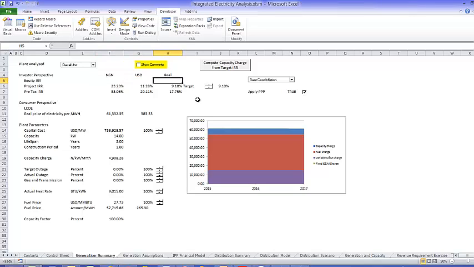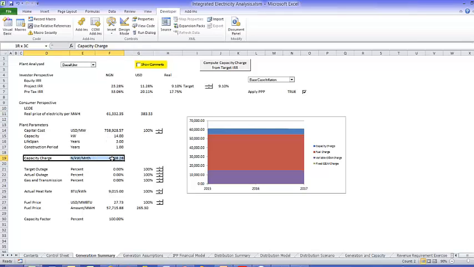Now, the one item we haven't computed in this part of the analysis is the equity IRR. I think we can also then, once we put the given capacity charge up here, this is the given price of electricity, and with the capacity charge.